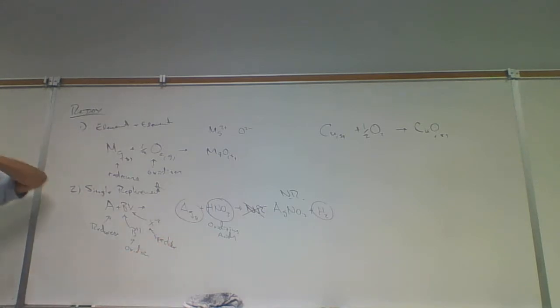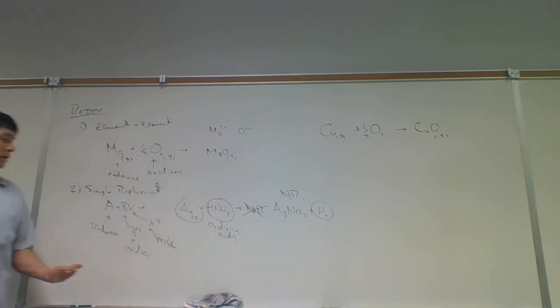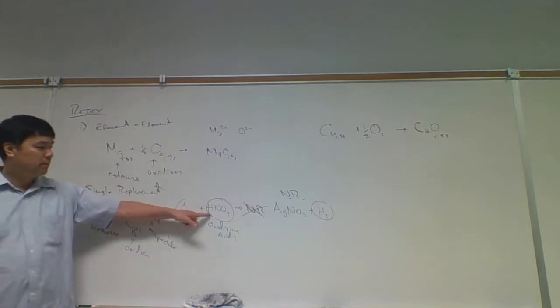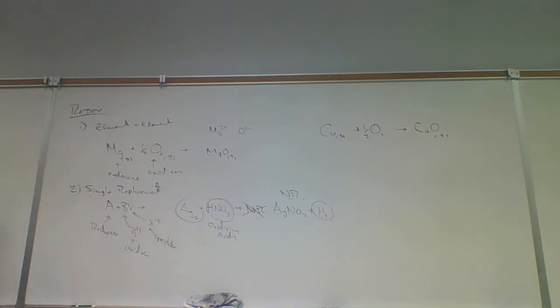It turns out that nitrate is not a spectator. In fact, if we compare the oxidizing strength of A, which is H+, actually this chart does it for us. This chart is the strength of the oxidizer and the reducer. And so we're going to get familiar with this chart.